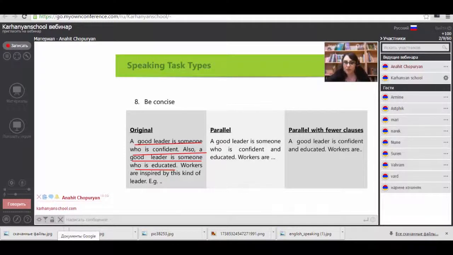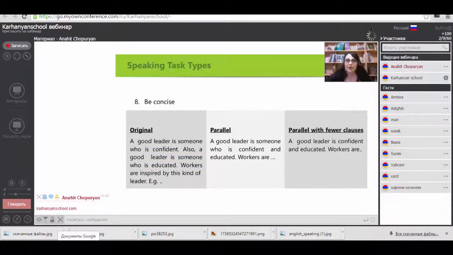Instead of saying long sentences with the same meaning, you can add some more sentences, have a good meaning and also manage the time. So follow this structure, it can be useful. Don't forget this part. If you have parallel structure, always join with a conjunction. Okay? And you can also just make fewer clauses. Okay?